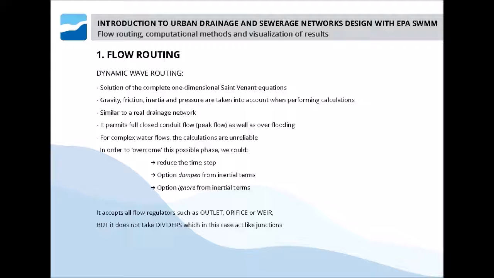They do act like junctions because in the dynamic wave routing, the flow distribution, whenever the junction splits in two, is not defined anymore by the dividers parameters, but rather by the St. Venant's equations. And these equations set for all the elements how flows are divided, where they go, and how many outlets a node has.